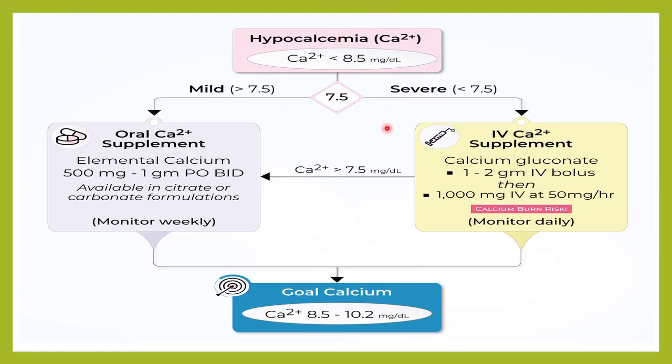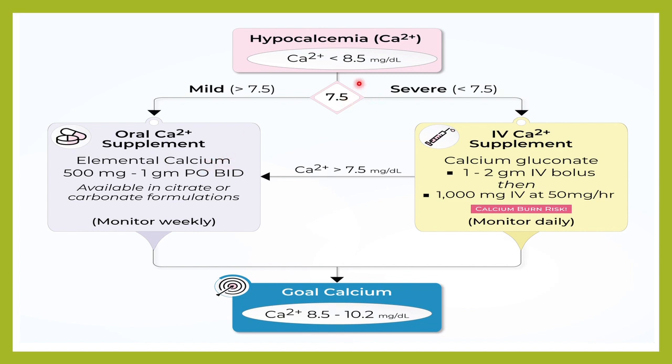Whenever there is hypocalcemia, when the level of calcium is less than 8.5, see how severe is the hypocalcemia. If the calcium level is less than 8.5 but more than 7.5, you can give elemental calcium. You can give 500 mg to 1 gram of calcium orally, and you will have to monitor the level of calcium weekly.